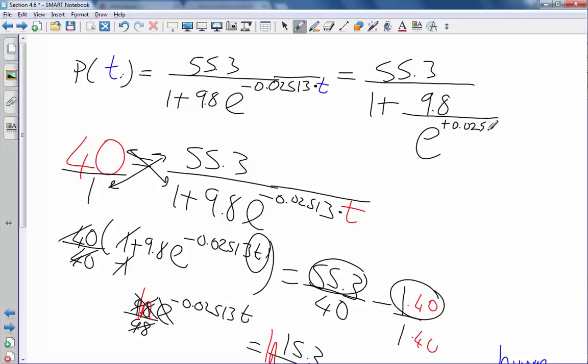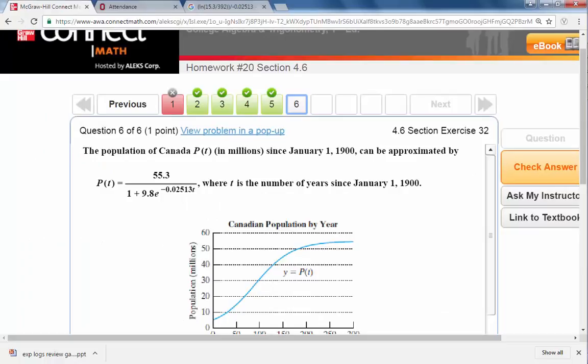Just a minute ago, where does this number go as t is huge, as t is infinity? 1 million years later, what will 9.8 over e to this number become?